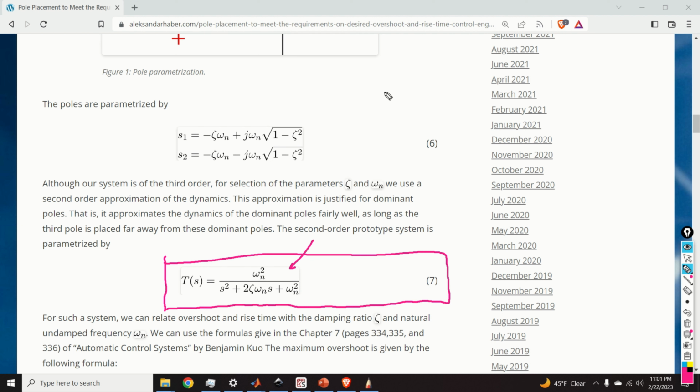So our main idea will be to use this second order approximation to place the complex conjugate poles somewhere over here, and these locations will be determined on the basis of the desired transient response of the system, and the third pole will be placed relatively far away from these two dominant poles. In this way, we can tackle this problem.